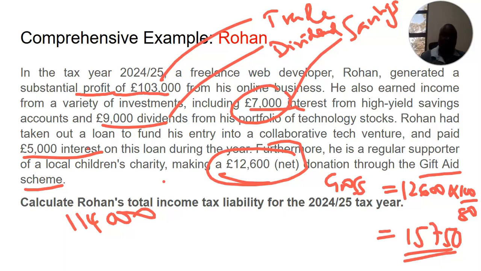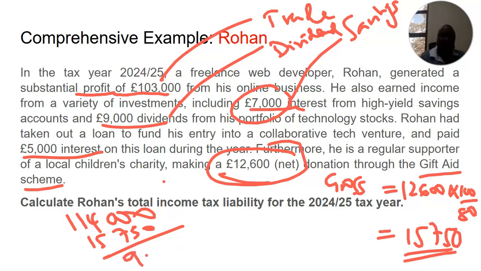So let's see. The initial net income was 114,000. But now we need to deduct 15,750 to see if we are going to be below the 100,000 threshold. 114,000 minus 15,750.